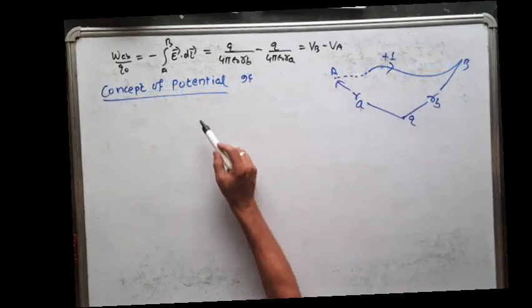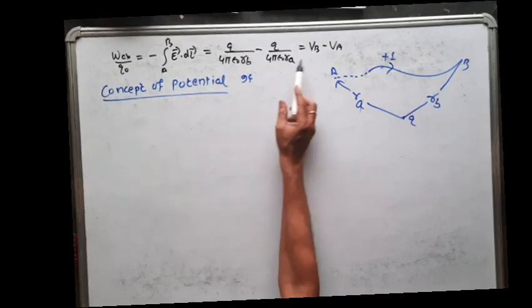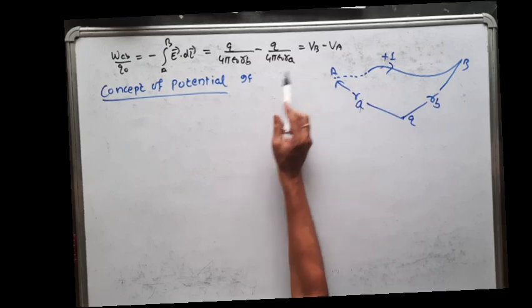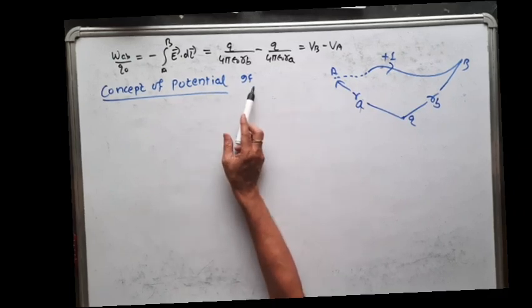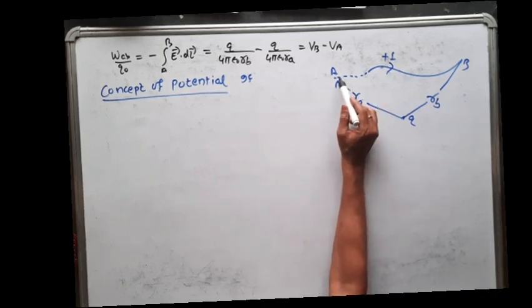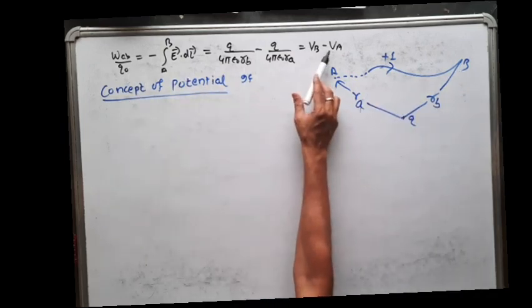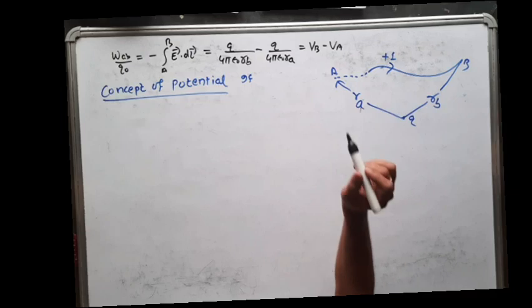Now we'll start the concept of potential. We have discussed potential difference. Then how can you find the potential at any point? That is the concept of potential. Now see, if I take a unit positive test charge from point A to point B, then the work done is equal to this formula, which we have already discussed.